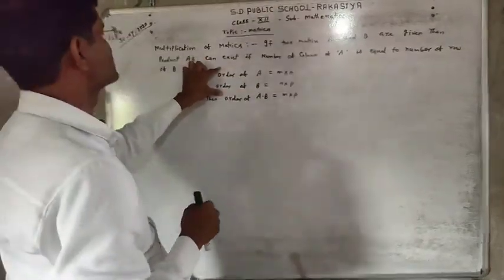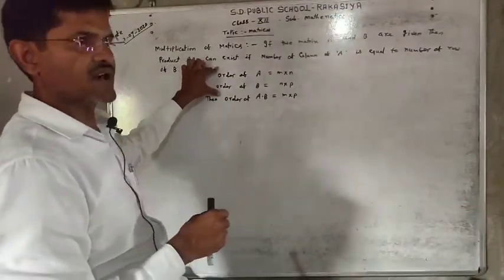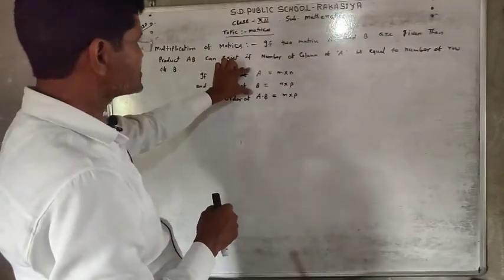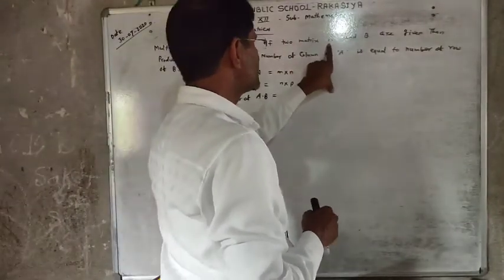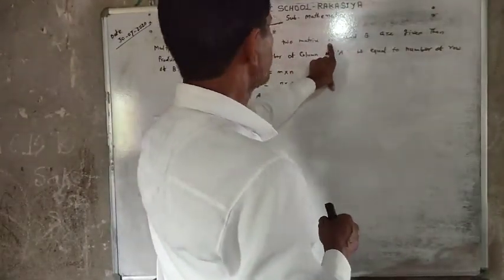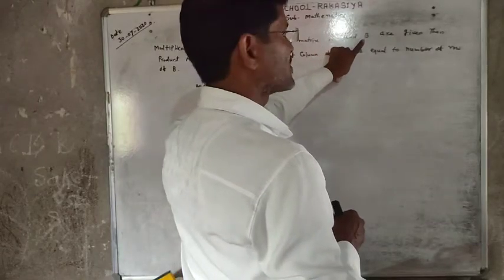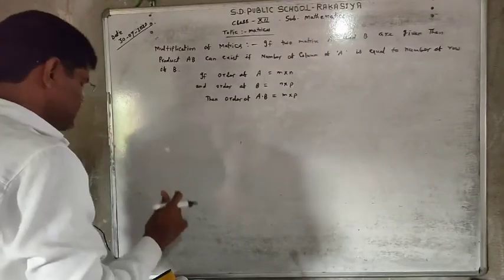Meaning matrices A and B are conformal to the product, and the necessary condition is that the number of columns in A is equal to the number of rows in B.